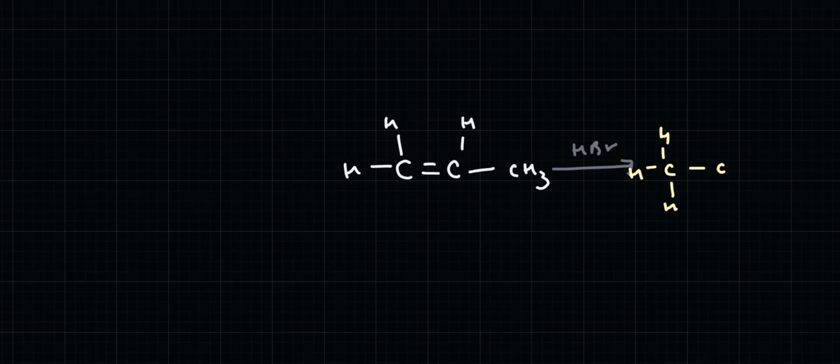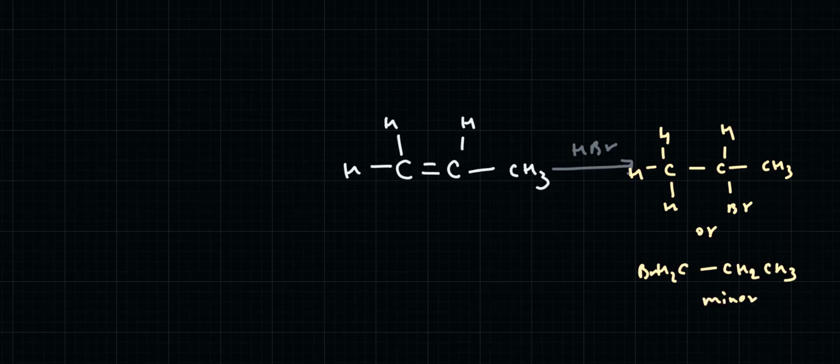This is my major product. Or I would have gotten here CH2BrCH2CH3. This would be my minor product due to Markovnikov's rule. And this reaction happens at RTP.